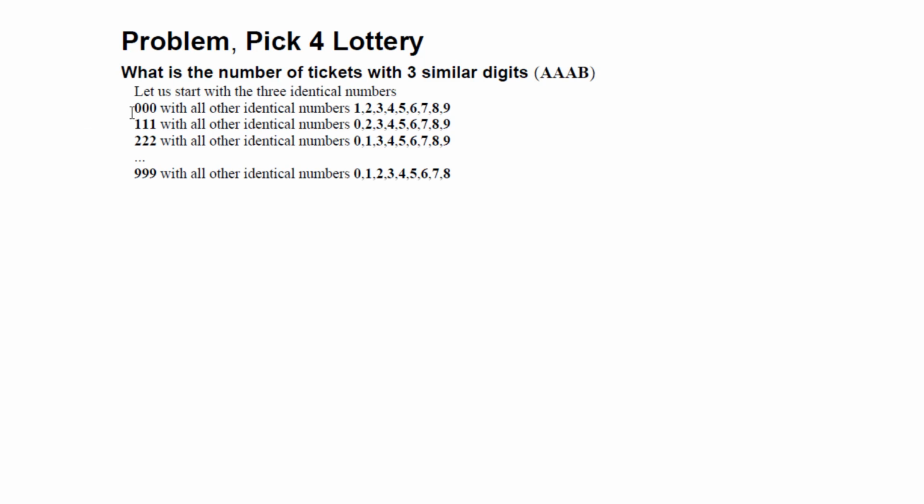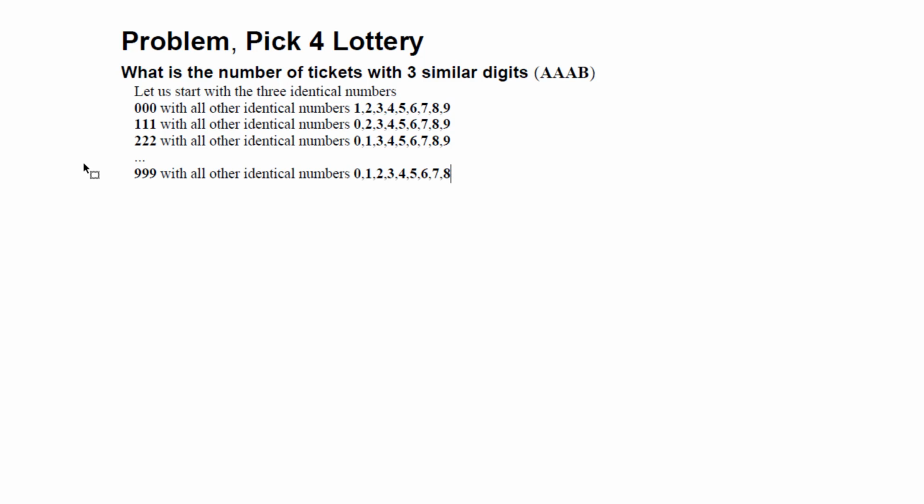So let's start combining 3 similar digits from 0. So we start with 0, 0, 0 with the rest of the numbers except 0, because if we include 0 here we are going to get a ticket with 4 similar digits, and then 1, 1, 1 with the rest of the numbers, and 9, 9, 9 with the rest of all the digits.